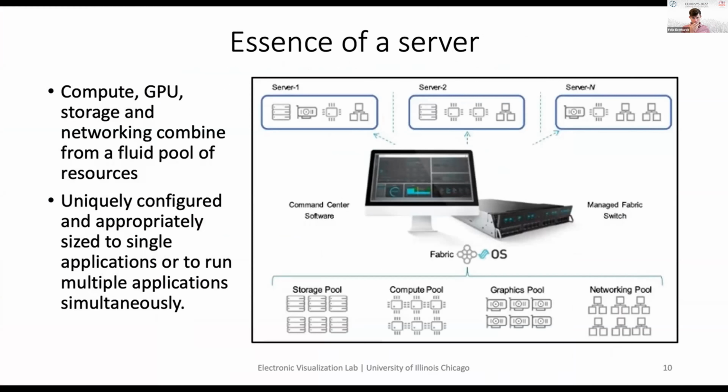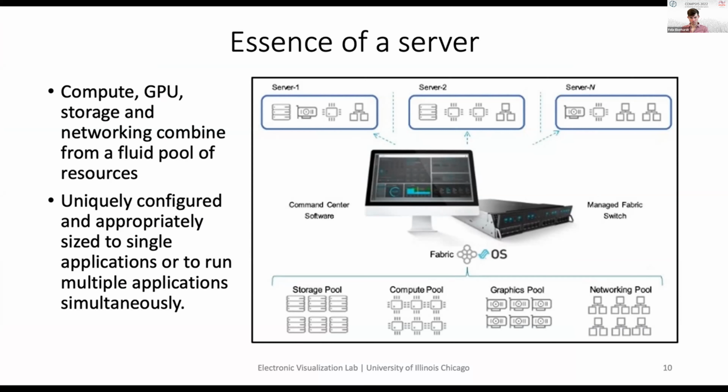Composable infrastructure, in general, breaks down the essence of a server. So all of the elements that are generally needed to create one of these GPU servers for users, the compute, the GPU, the storage, and the networking, are taken from this pool of resources and combined into a single server that is identified for the user or that is identified for the Kubernetes pool that we're looking at.